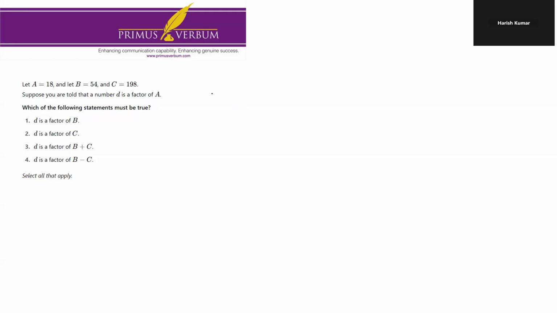So we are told that the number A, which is equal to 18, has a factor D. D is a factor of A. Also, B is 54 and C is 198.